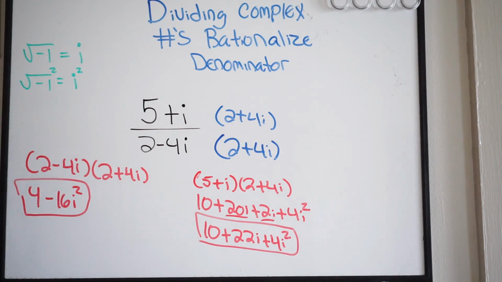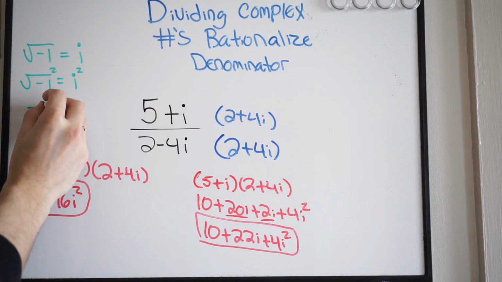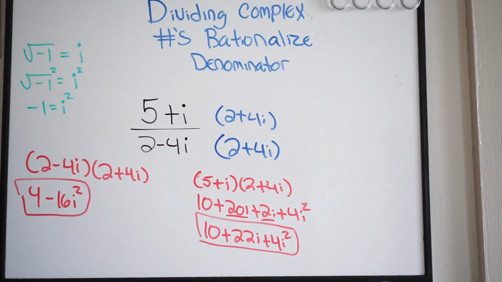Well, we know that when we square, right, we have a square root, it's simply going to get canceled out. So right now, this becomes -1 equal to i squared. Well, knowing that, we can now replace our i squareds with -1. So why don't we go ahead and do that?